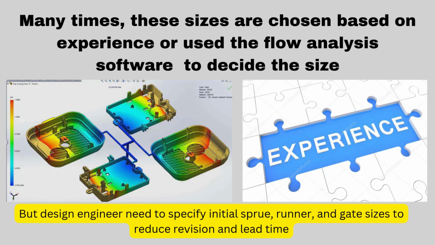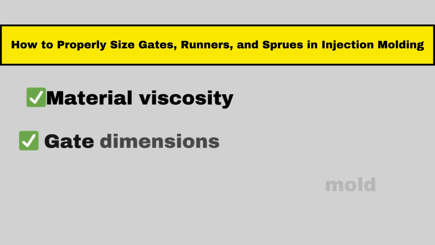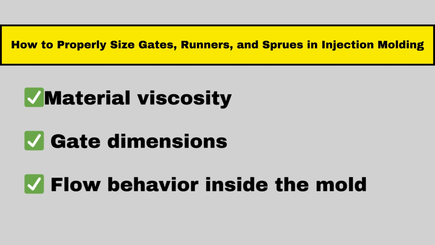Many times these sizes are chosen based on experience and flow analysis simulation software. So in this video we will explain how to estimate or determine the size properly by understanding the material viscosity, gate dimension and flow behavior inside the mold. So let's start the video.